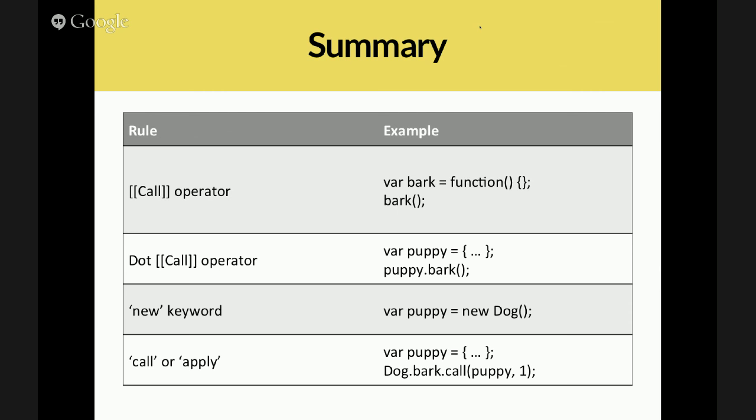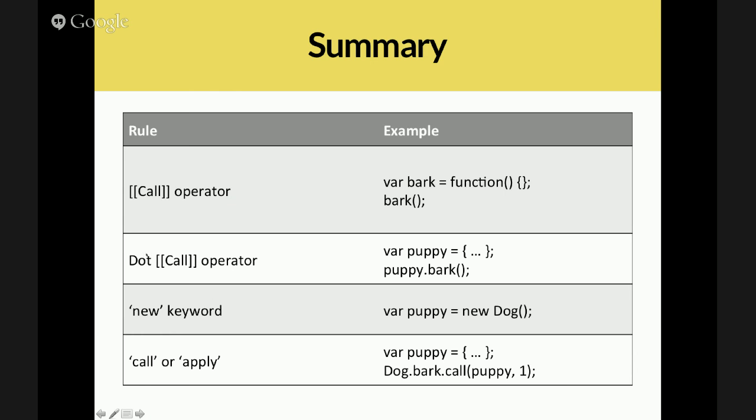All that matters is how the function is invoked or called. And there's these 4 main ways of calling a function. There's just the normal call operator when you have essentially parentheses after a variable, and that will just call the function, but this will be the window.